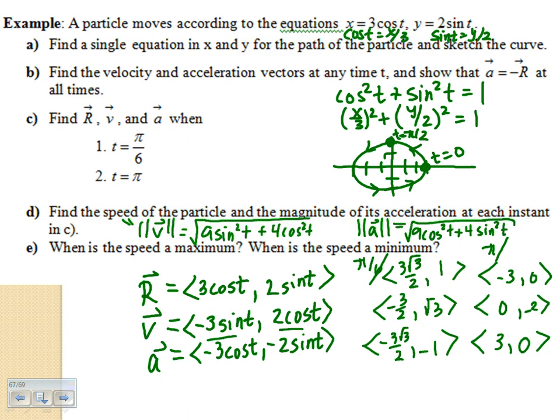But this wants it for each instance in C. So instead of squaring those, I'm just going to take the numbers, because we've already done that part. I'm going to take that squared plus that squared and square root. There's your speed at time pi over 6. Okay?